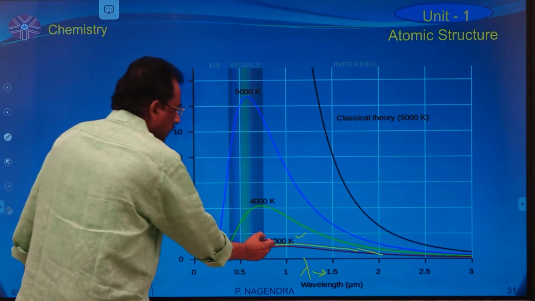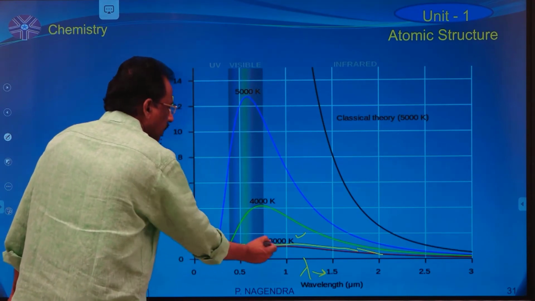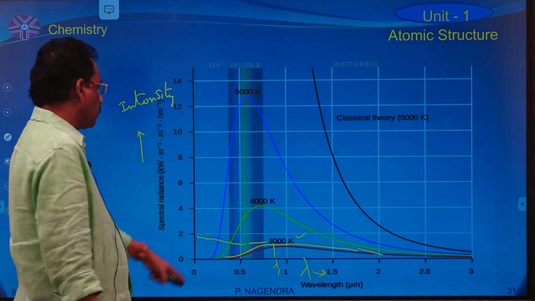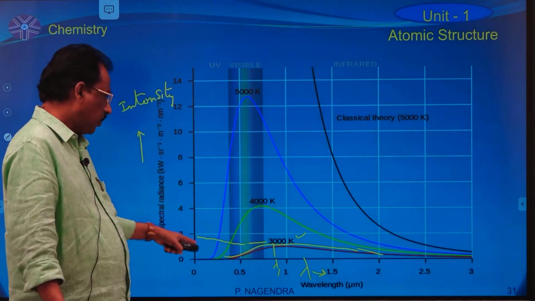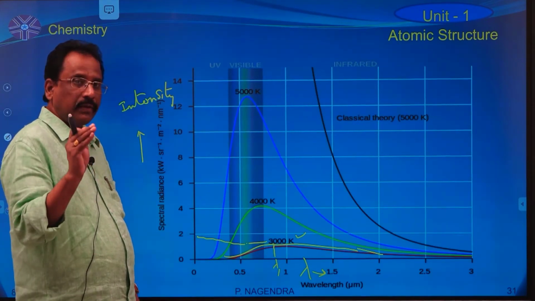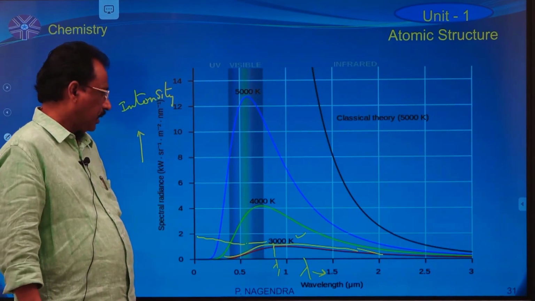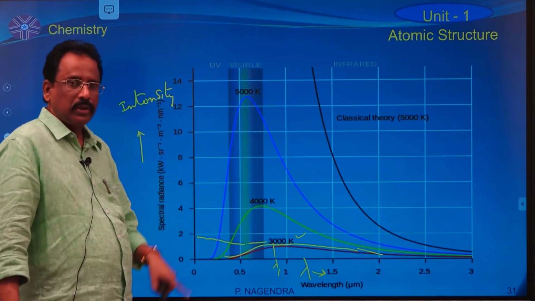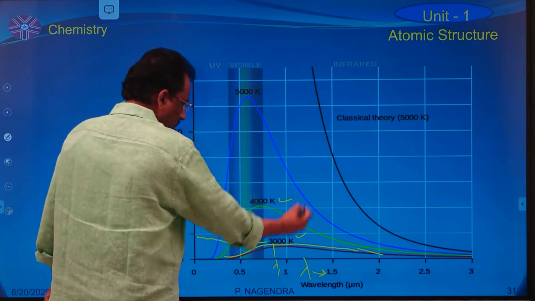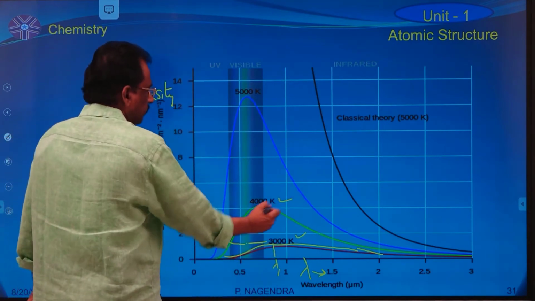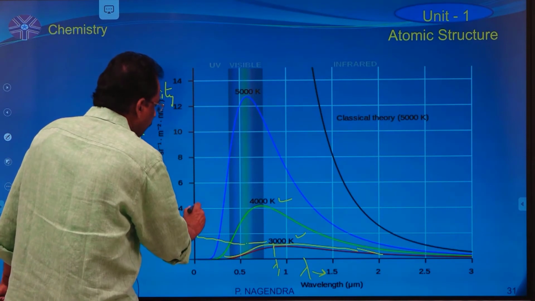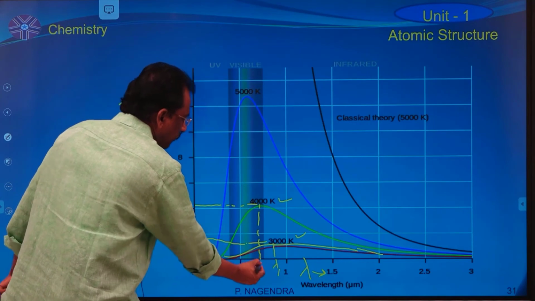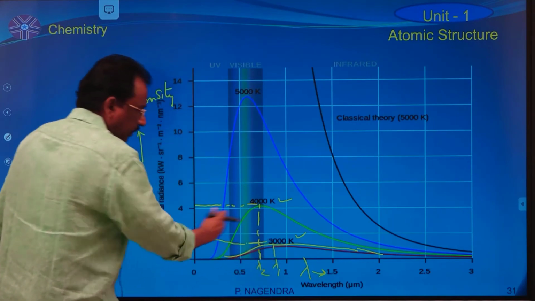Now here, at this lambda, say lambda 1, the intensity of the radiation is maximum at 3000 Kelvin temperature. If we increase the temperature from 3000 Kelvin to 4000 Kelvin, now this is the peak. That means the maximum intensity of the radiation is shifted towards shorter wavelengths.